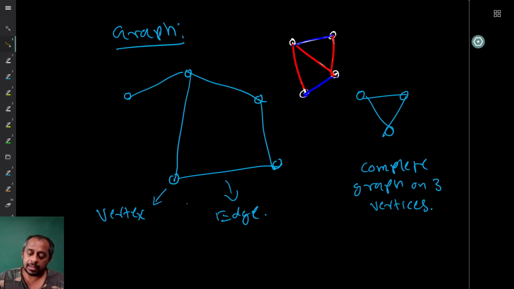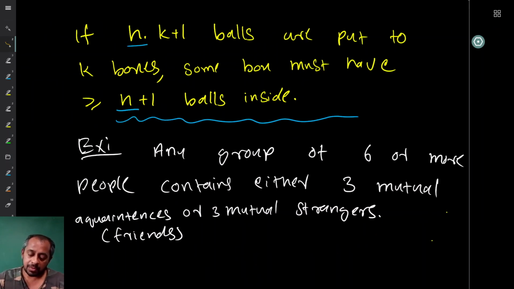So with this in mind, we are going to model our problem in terms of a graph question. What was our question? Any group of 6 or more people contains either 3 mutual friends or 3 mutual strangers. Suppose there are 100 people maybe, right?